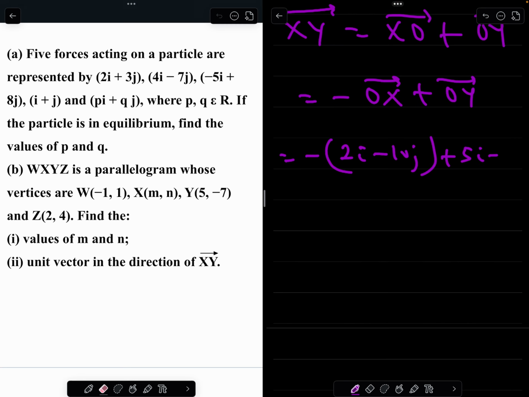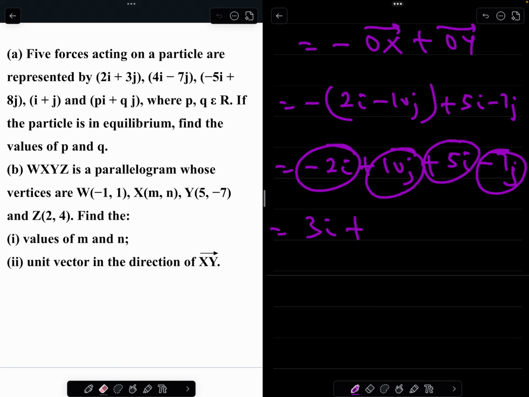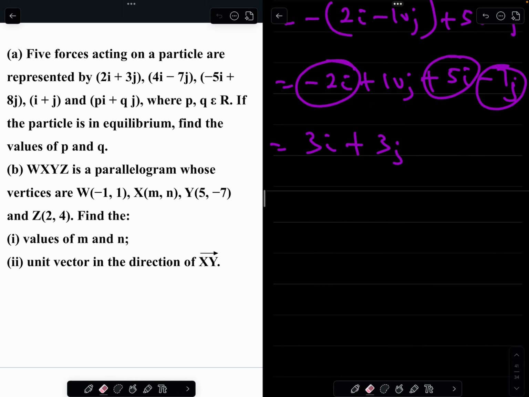That's equal to minus 2i plus 10j plus 5i minus 7j, which is minus 2i plus 5i is 3i, and plus 10j minus 7j is 3j.